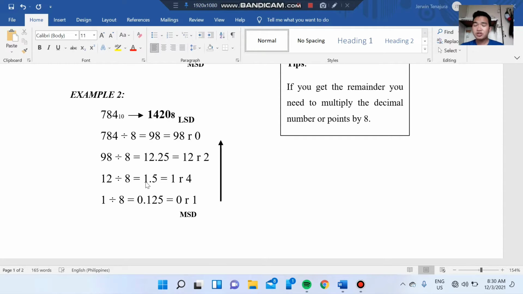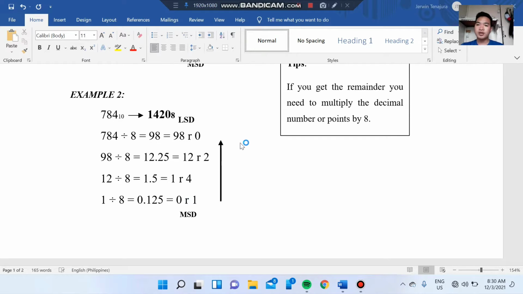And we need to put here the 1 and the 0.5 will be multiplied by 8. 0.5 multiplied by 8, the result is 4. Next is 1. We need to bring down here the 1 and divide it by 8. The result will be 0.125. So we need to put here the 0 and the 0.125 will be multiplied by 8. So the result is 1.